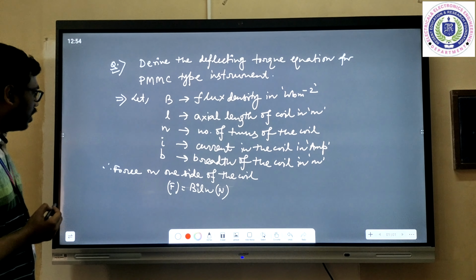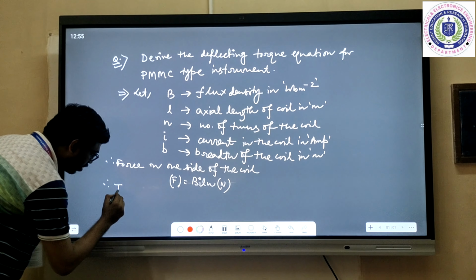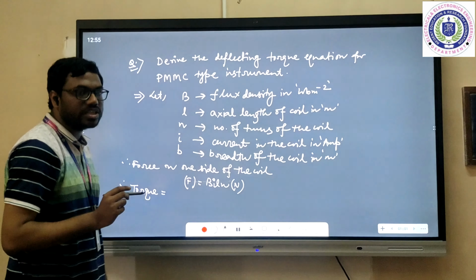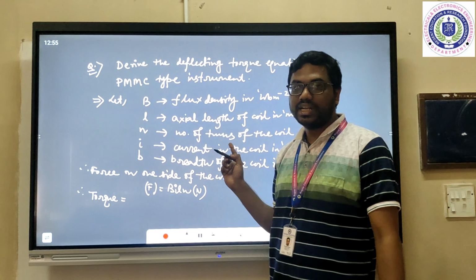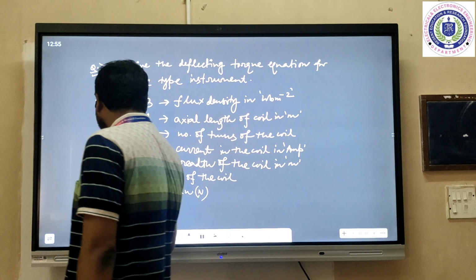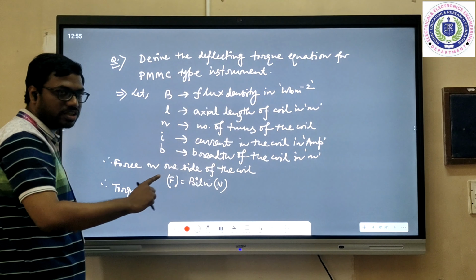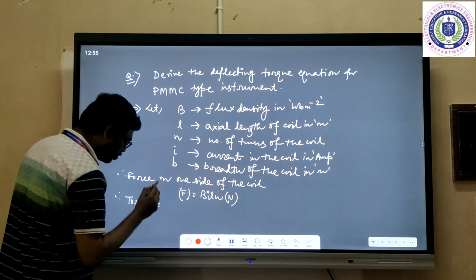Okay. Now what will be the torque? Torque is basically under angular rotation, and for linear, that is force. So torque is equal to force into radius, just like a merry-go-round. Then it will produce torque, not force. Okay, so it is the angular motion.